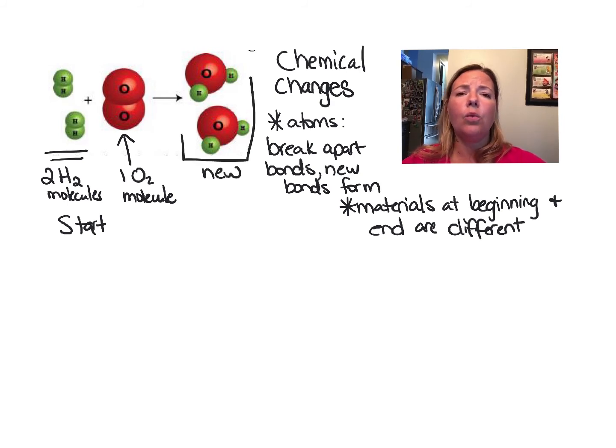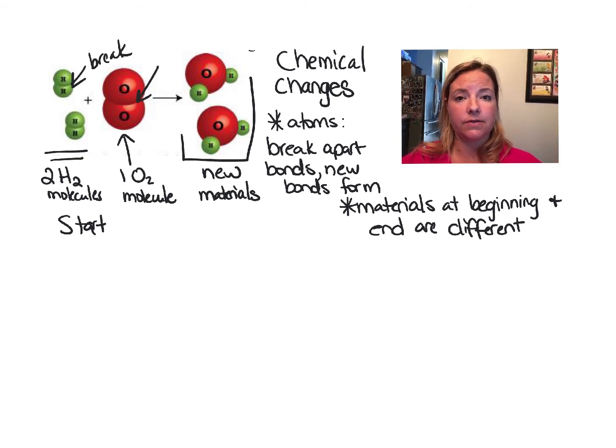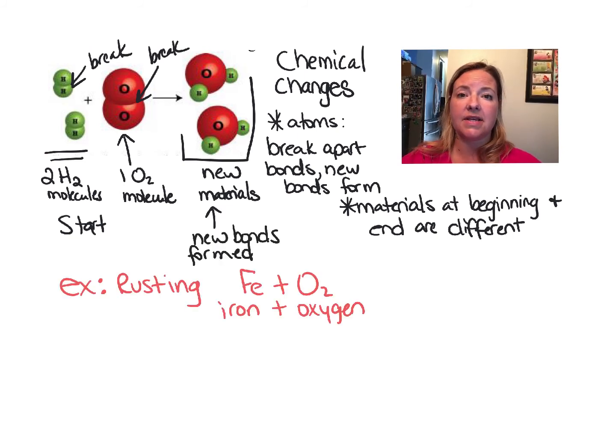So again, what we can't see happening when we have a chemical change is that those atoms are breaking apart and forming new bonds to form new materials. Some examples of chemical changes would be something like rusting. When iron rusts, it actually has a bond with oxygen, and the new compound is iron oxide.